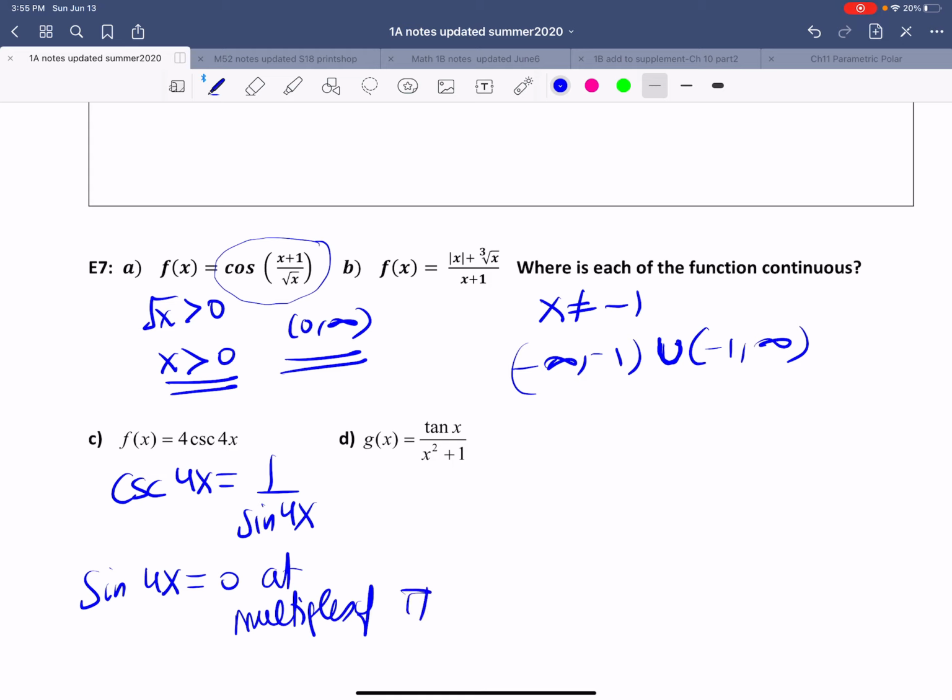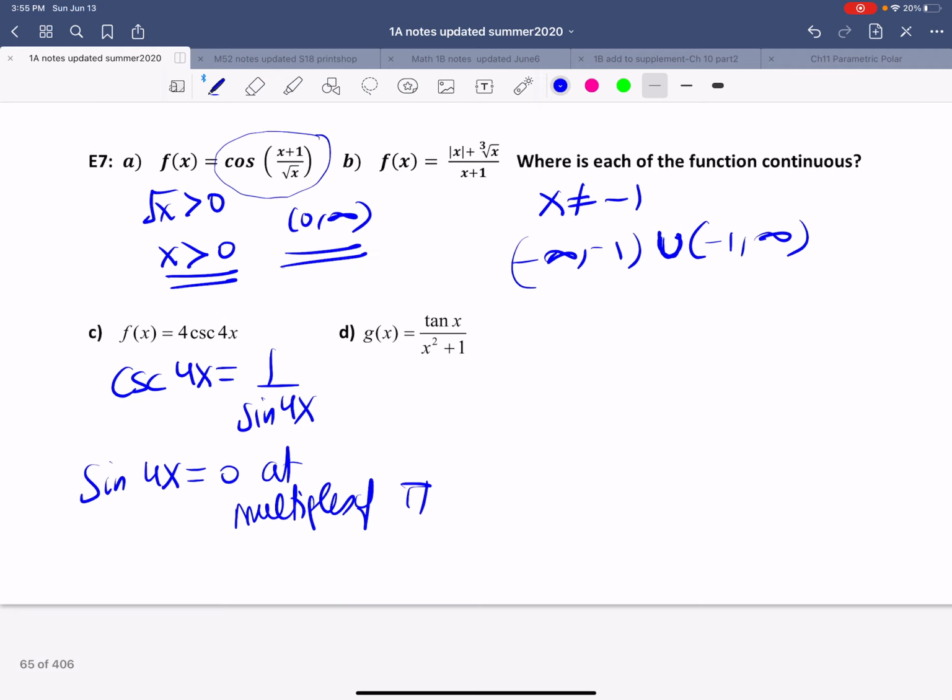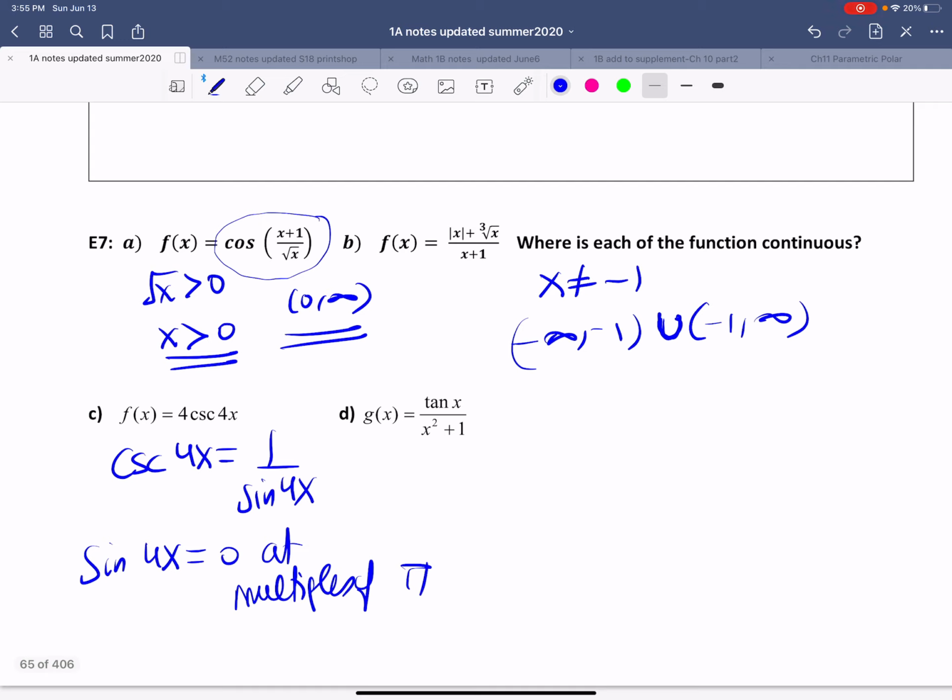Sine would be 0 at 0 degrees, and then 180, and then all the multiples of pi, positive and negative multiples of pi, so the function would become undefined. So whenever 4x is equal to n pi, we can say x would be n pi over 4.